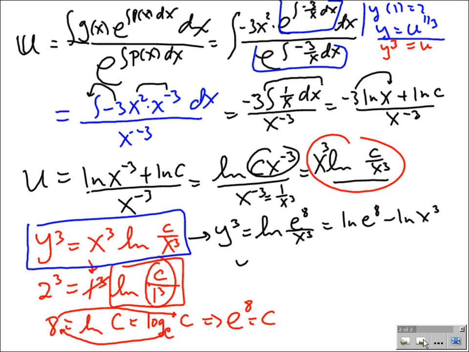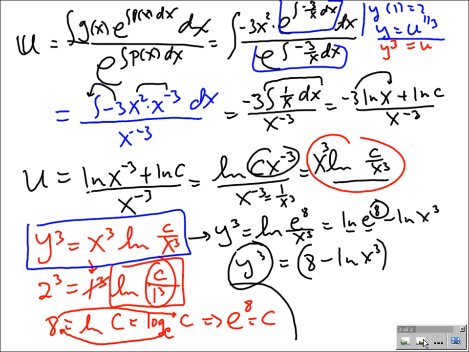So y cubed is equal to 8 minus ln of x cubed, since ln of e to the anything is the anything. Now you can leave it like that, or you can take the cube root of both sides. So y is equal to the cube root of 8 minus ln of x cubed.